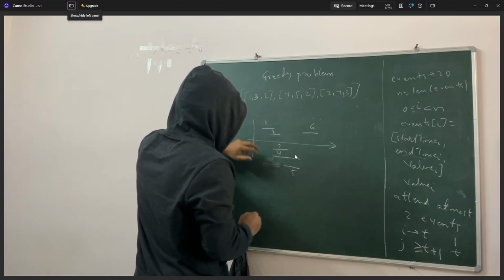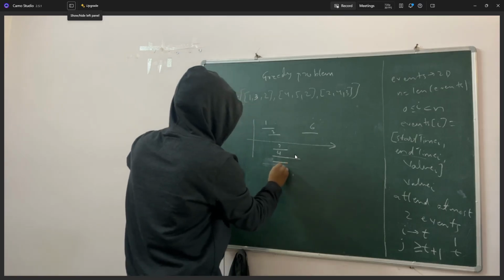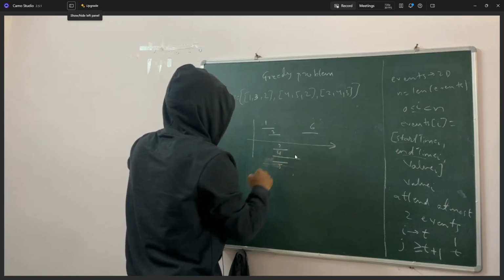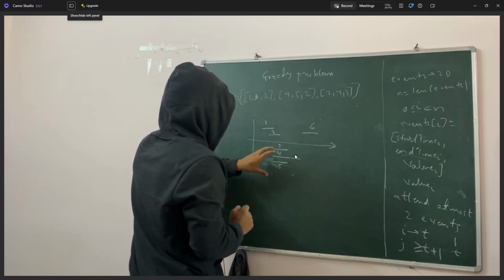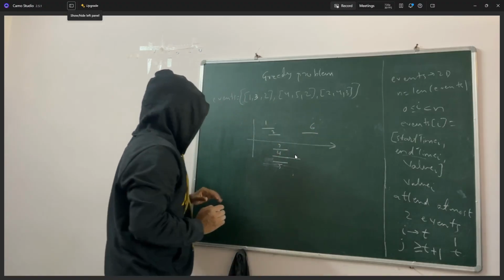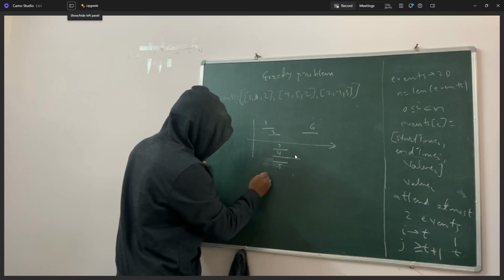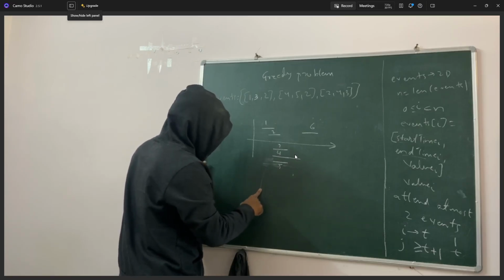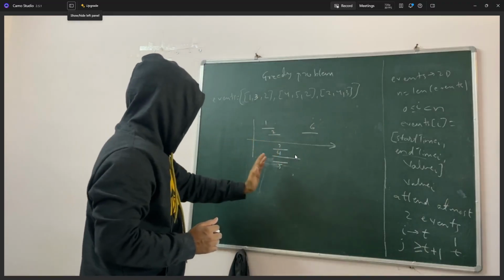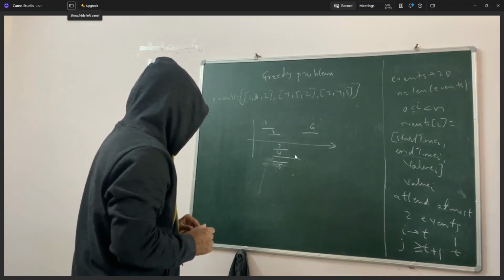And even if the fifth event has start time and end time both the same as the third event, in that case I'll choose based on the value. So I'll basically sort this array, and then you have a clear picture of start time and end time in sorted order.